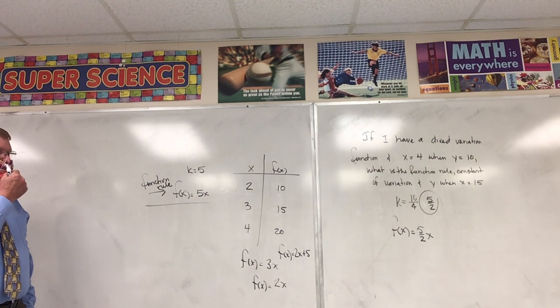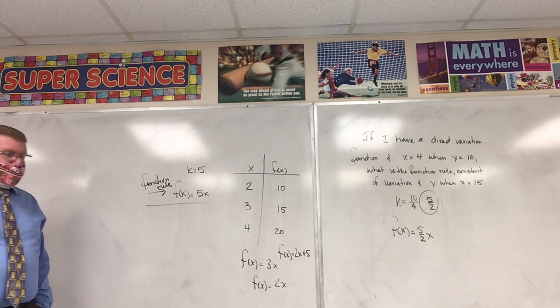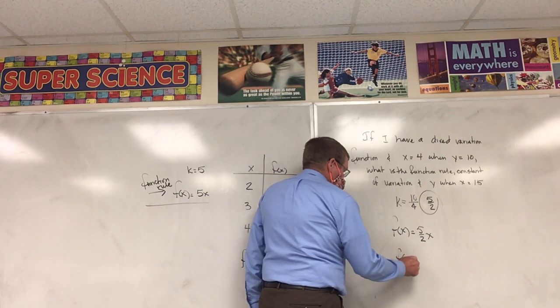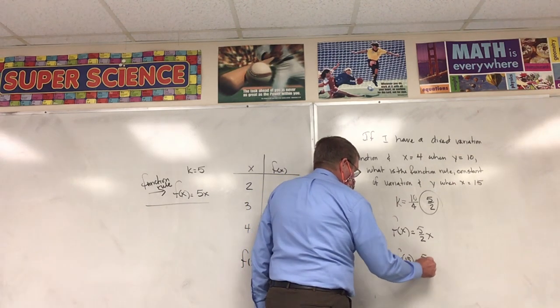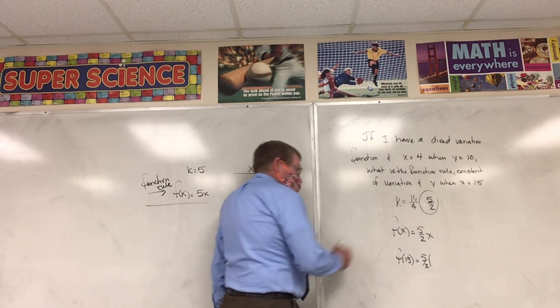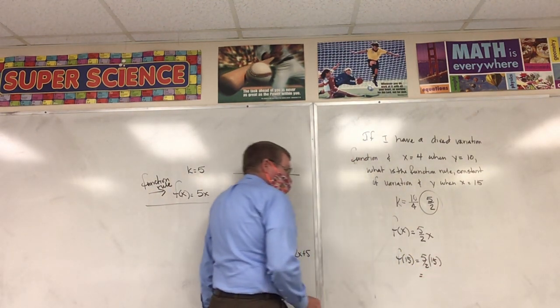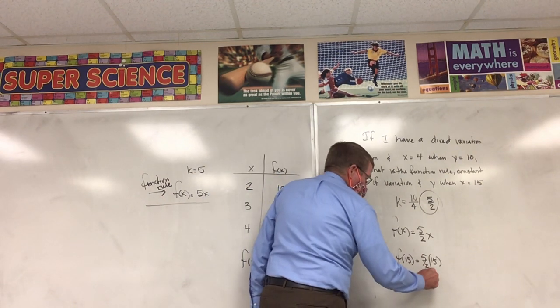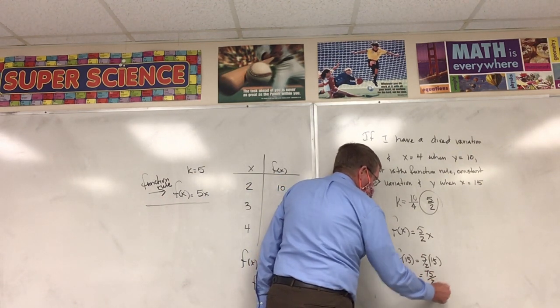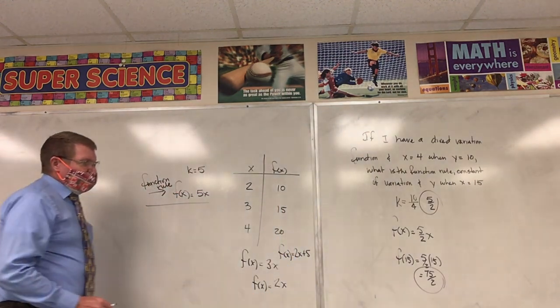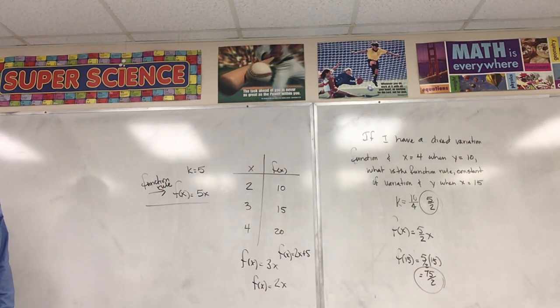Then I ask, what is y when x equals 15? Well, then I just want to find what is f of 15? Substitute it in. So my y is 75/2.